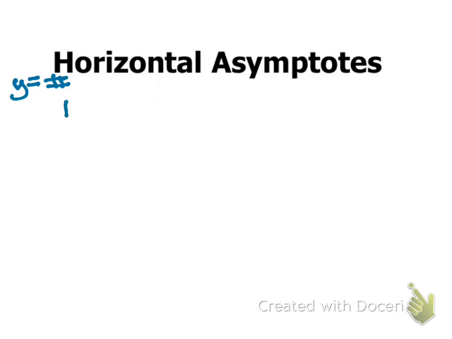If the power is bigger on bottom, we are going to have y equals 0. So this is bigger on bottom, y equals 0. If it's bigger on top, we do not have any. There's no horizontal asymptote.